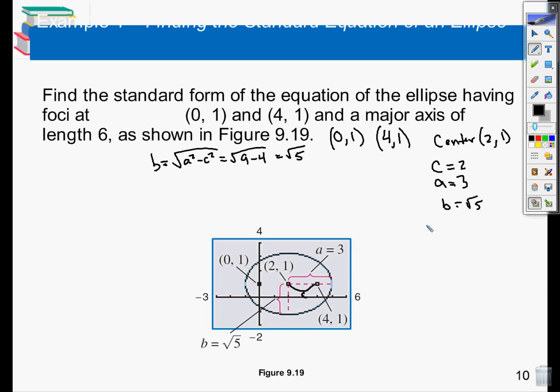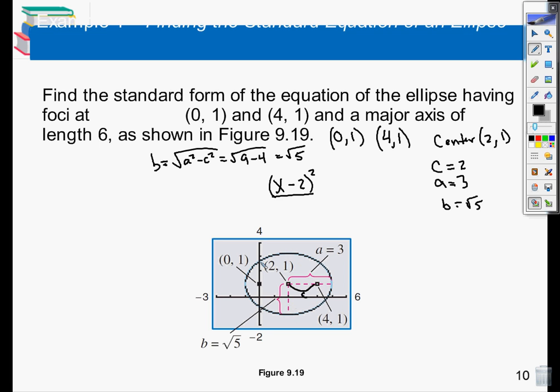Alrighty, now do I have enough to create my equation? Yes, I think I do. It's going to be x minus h, which over here, the center is going to be a 2, and that's going to be squared, and that's over. Is this going wide or is it going tall?